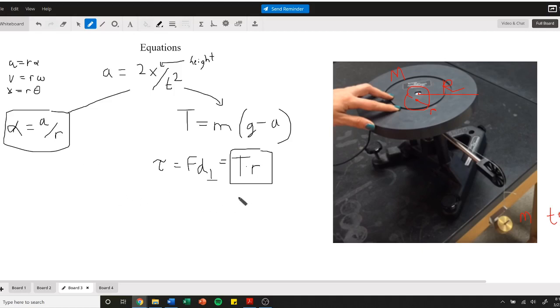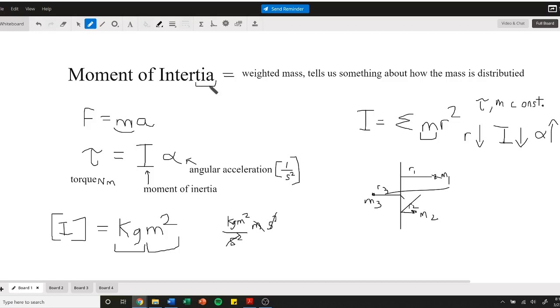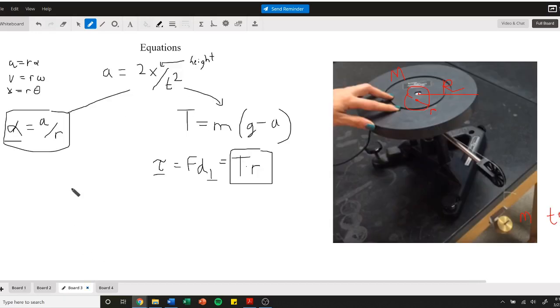Now if we put these two together, we've got torque and we've got alpha. We've got that original equation there, the torque equals I alpha equation. So we can see torque is equal to I times alpha. So what kind of equation is this? It's a linear equation.